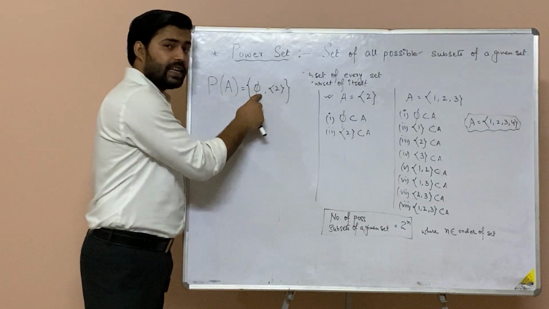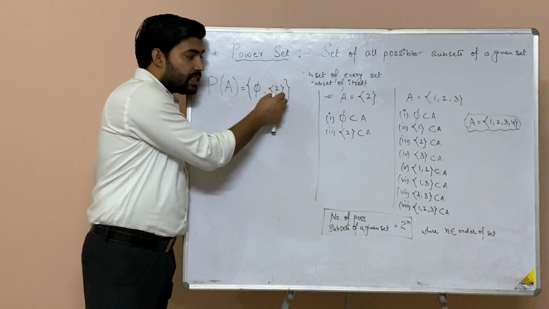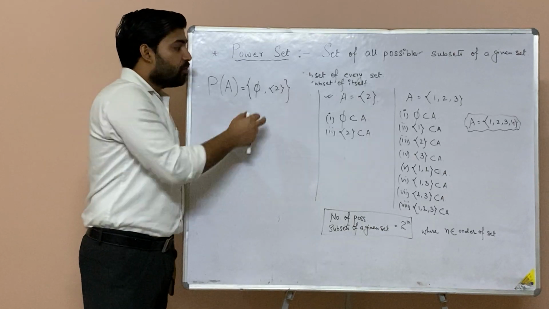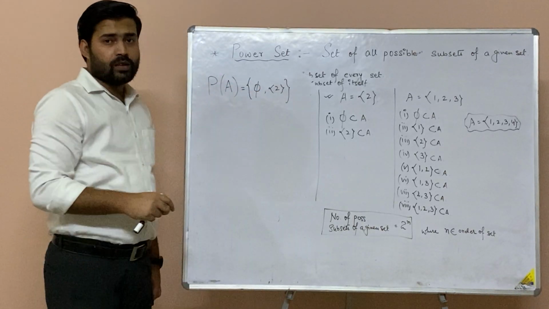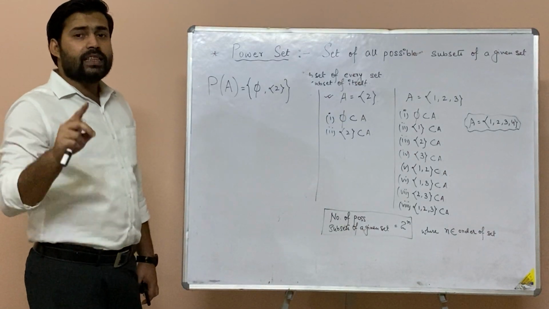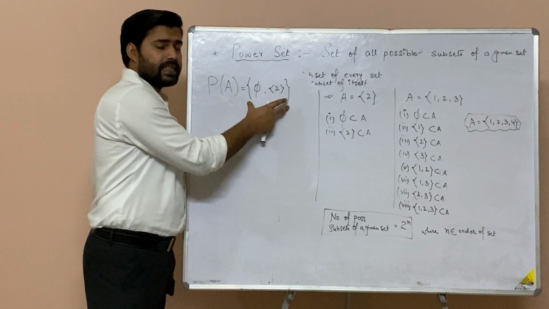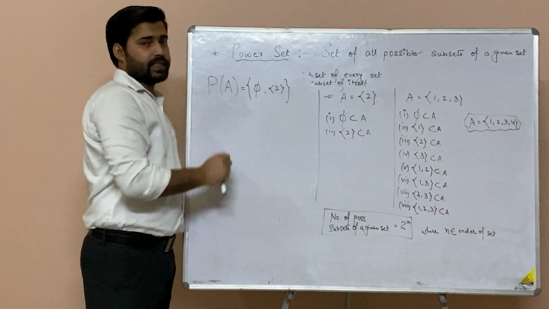This empty set is basically a set, and this other one is also a set. But when the possible subsets are put inside another set, then that particular set is known as the power set.